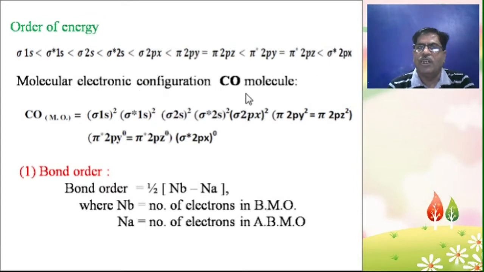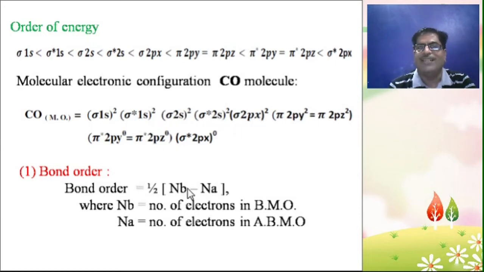Now the molecular electronic configuration of the CO molecule: sigma 1s2, sigma star 1s2, sigma 2s2, sigma star 2s2, sigma 2px2, pi 2py2, pi 2pz2, pi star 2py0, pi star 2pz0 and sigma star 2px0. Here all starred MOs are ABMO and those without stars are BMO.